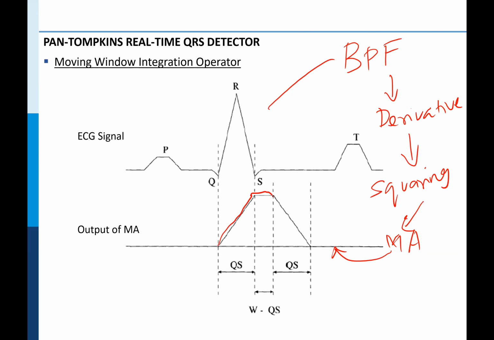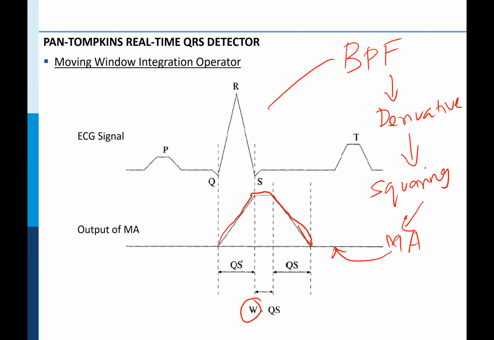That's exactly the output you will get after passing through the Pan-Tompkins technique. From here you can measure, if you know the window length, which here was 30 samples for the moving average filter, or 150 milliseconds, which was just discussed.